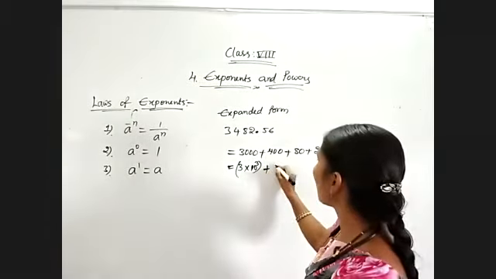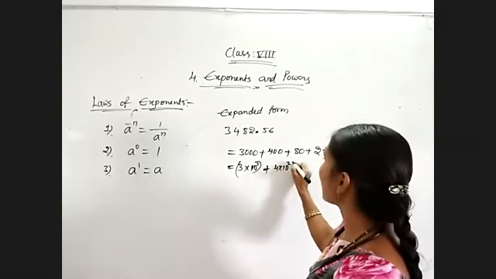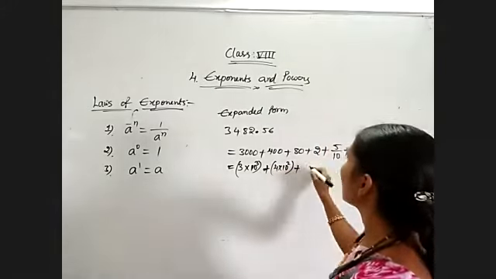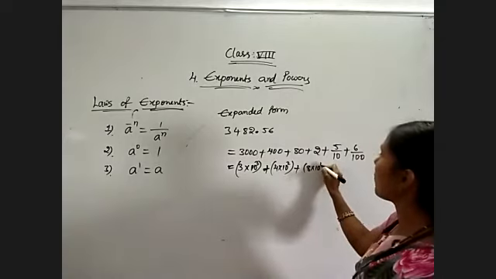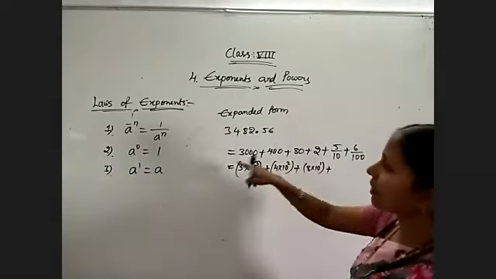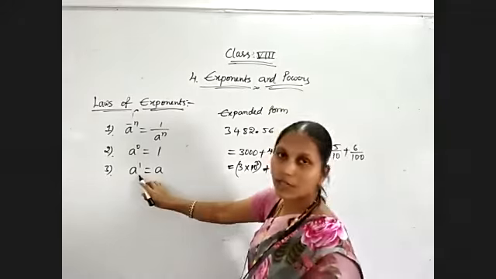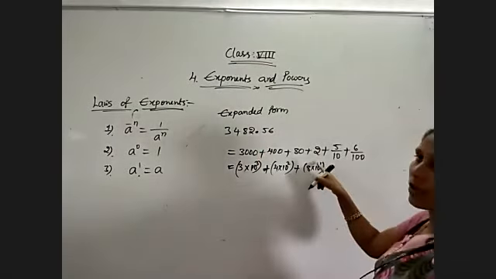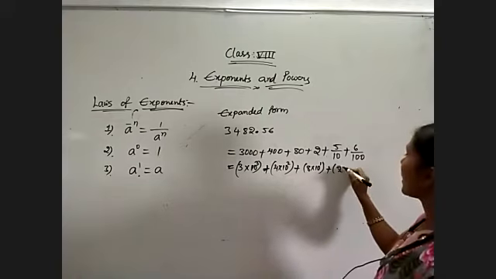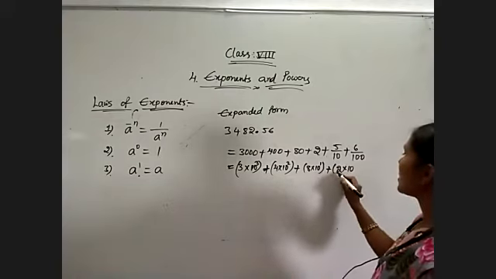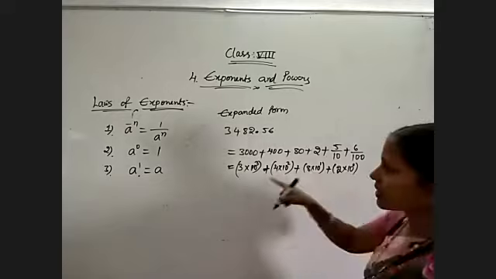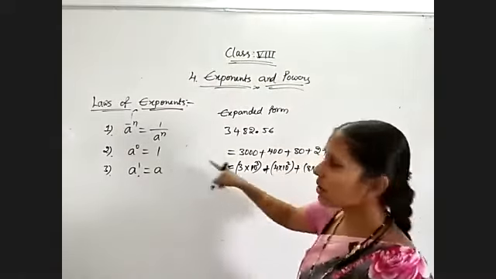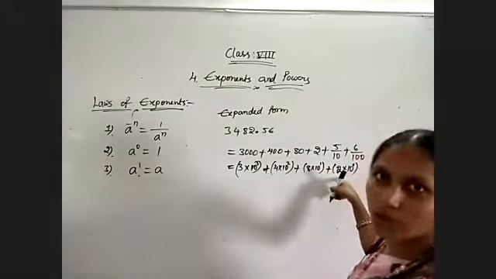Plus 4 into 10 square. Plus 8 into 10 to the power of 1. Any number to the power 1 is equal to that number itself. 10 power 1 is 10. That's why instead of 10 I am writing 10 to the power of 1. And 2 into 10 to the power of 0. Any number to the power 0 is equal to 1. So that is nothing but 2 into 1 is 2 itself.